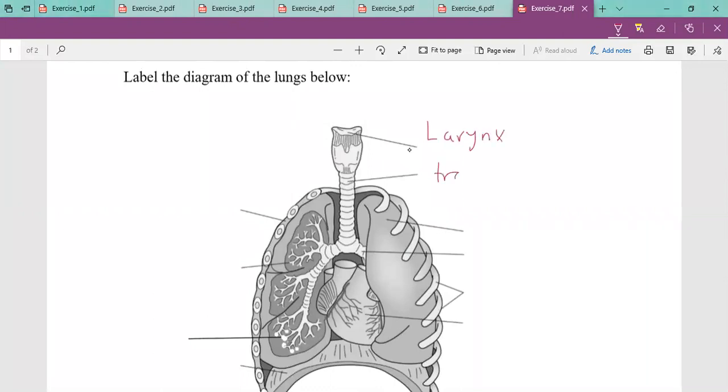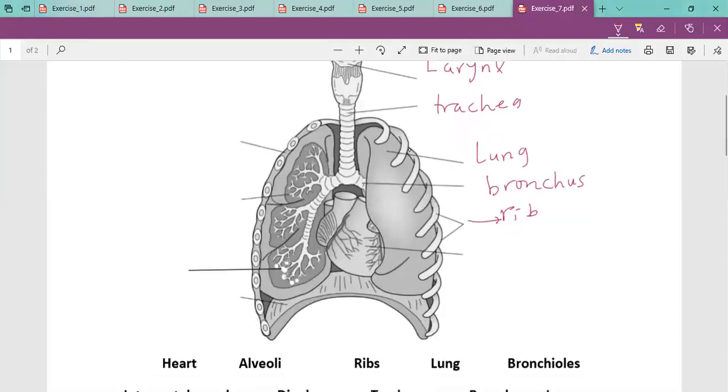This is the trachea. This is the lung. This is the bronchus. This is the rib. And this is the heart. So this is the diaphragm.